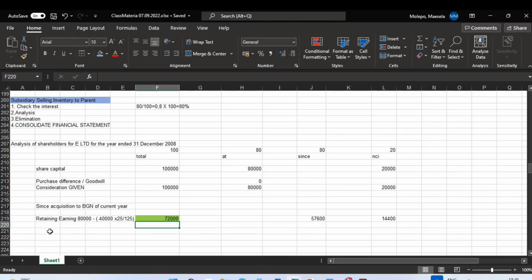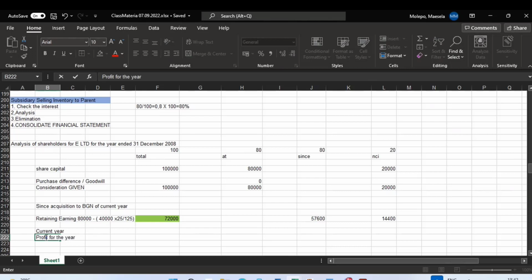Then the profit for the year, which will be the current year. So we're going to have the profit for the year for the subsidiary. Let's do it outside here.